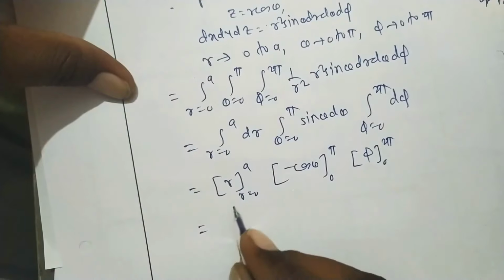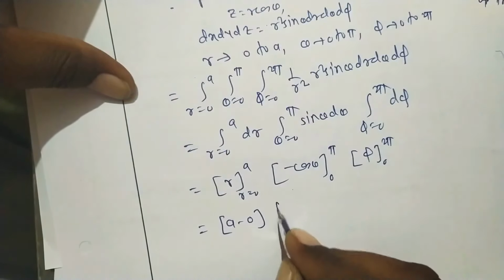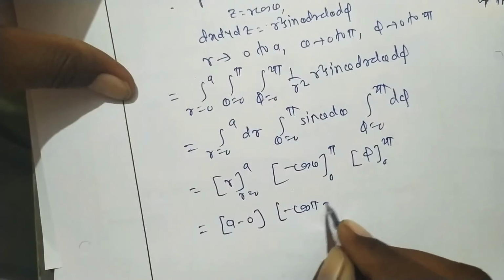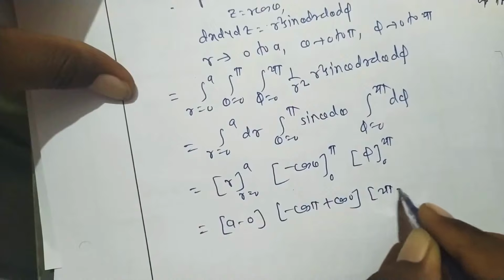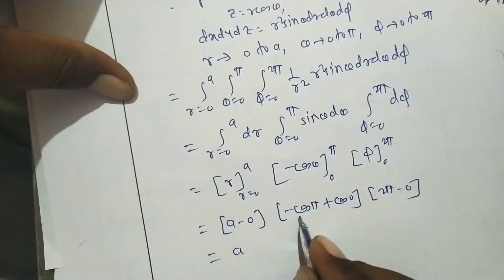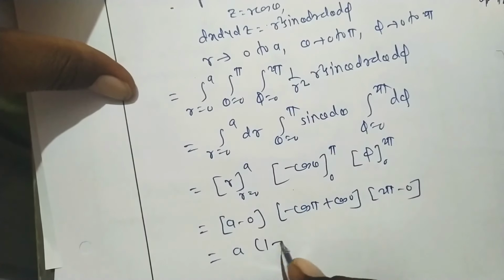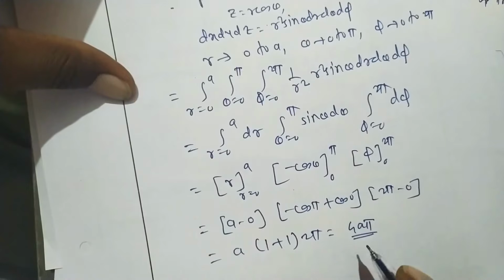So if you put the upper and lower limits here, the upper limit is a minus 0, here minus cos pi plus cos 0, and here 2 pi minus 0. After simplification, this is a. We know that cos pi is minus 1, so minus minus 1 is plus 1, and cos 0 is also 1, into 2 pi. So the answer is a into 2 into 2 pi, that is 4 a pi. Okay, thank you.